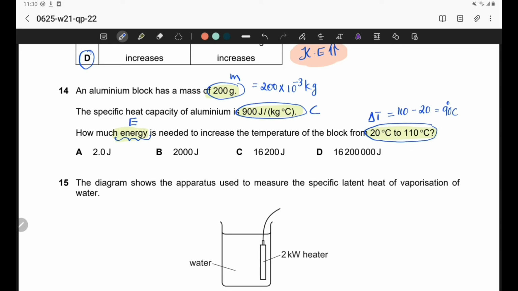Now we have to use the equation which relates specific heat capacity and energy, that is, energy required is the product of mass times specific heat capacity times change in temperature, where mass is 200 times 10 to the power minus 3, times specific heat capacity 900, times change in temperature 90. So we will get 16,200 joule. Hence the correct answer is option C.